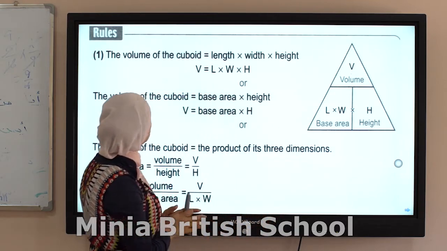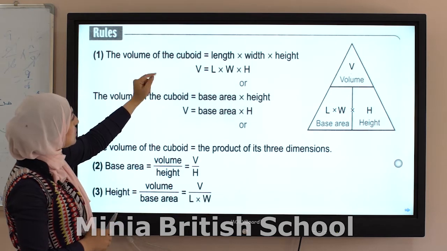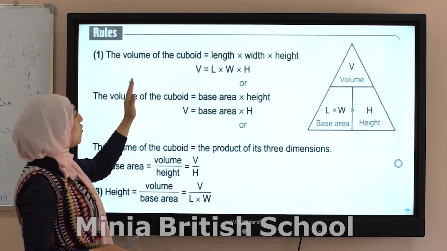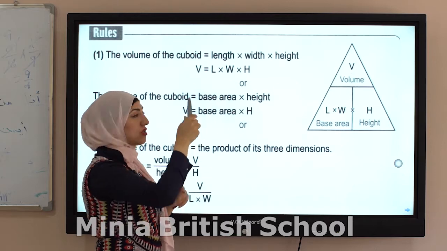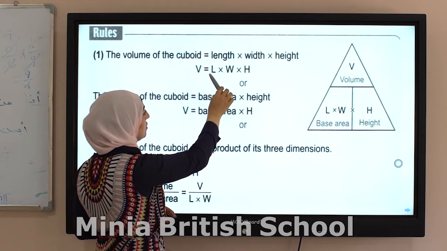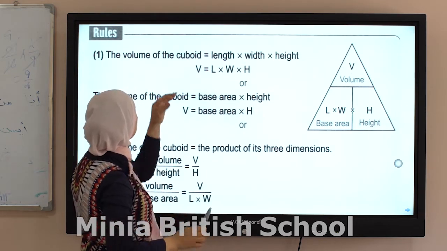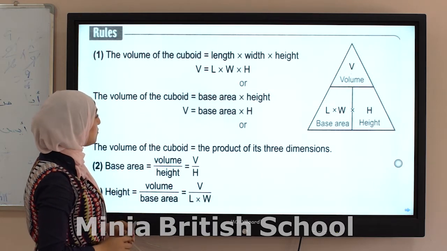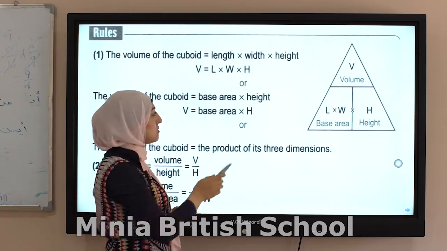So that's what I said. The volume of the cuboid equals length times width times height. These are the abbreviations of the words: length, capital L; width, capital W; height, capital H; and volume, capital V. So the volume of the cuboid equals length times width, meaning the area, times height.